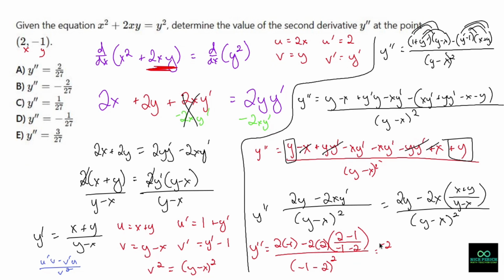Negative 2 minus 4, times 1 over negative 3, so negative 1/3. And that's going to be over negative 1 minus 2, all of which is squared, so negative 3 squared, so 9. So we've got negative 2 plus 4/3 over 9, which is negative 2/3 over 9, which means we multiply the top and the bottom by 1/3, so negative 2 over 27.